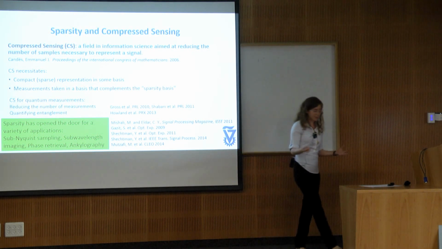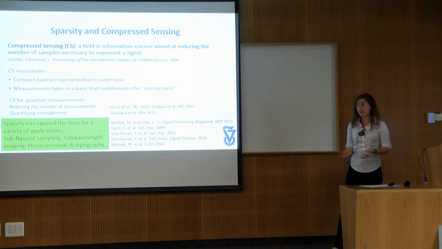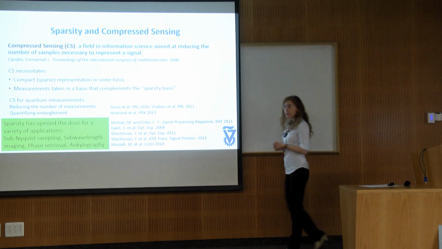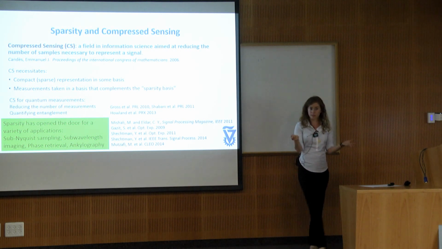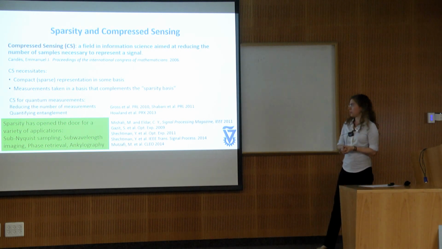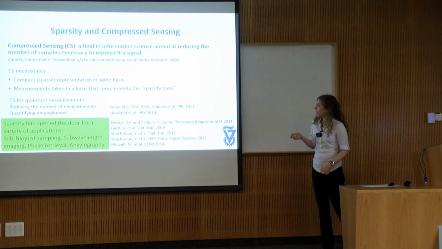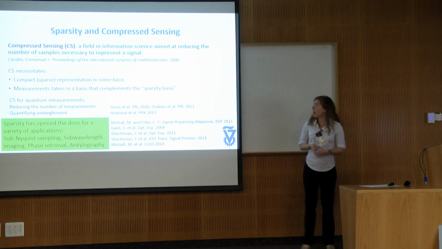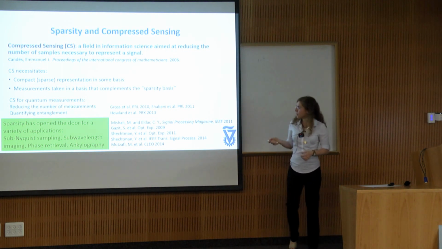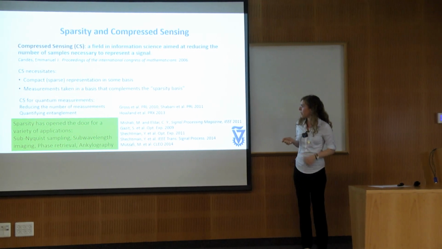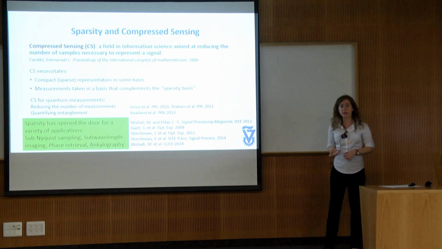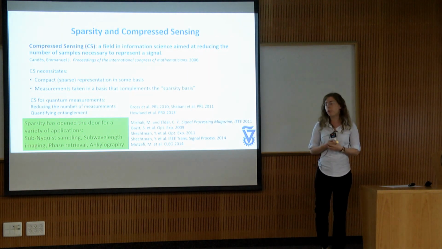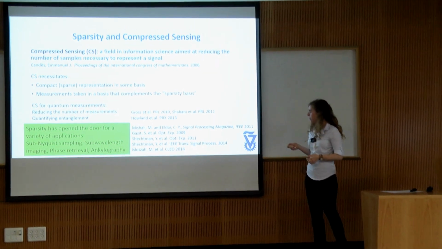For example, if you have a signal that is sparse in the frequency domain, you would sample it in the time domain, as you've seen in earlier presentations. Now, this idea of compressed sensing has been brought to the realm of quantum measurements in these two fields. First of all, reducing the number of measurements in quantum state tomography and quantum process tomography in these 2 papers.